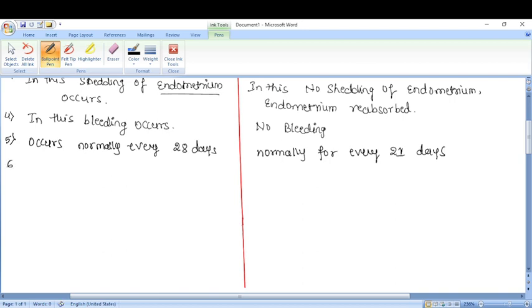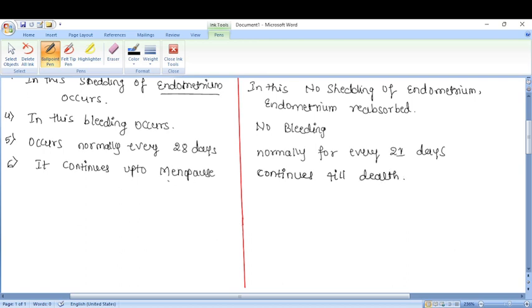Next difference, the menstrual cycle continues up to menopause, whereas the oestrus cycle continues till death.